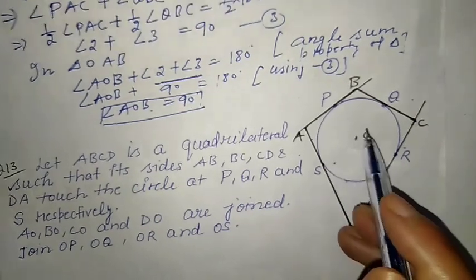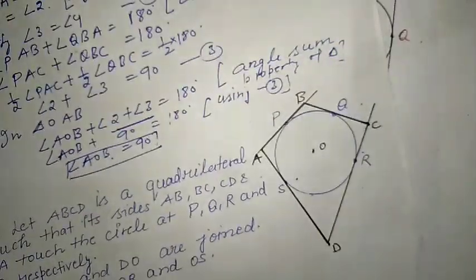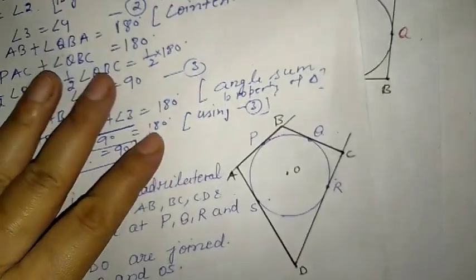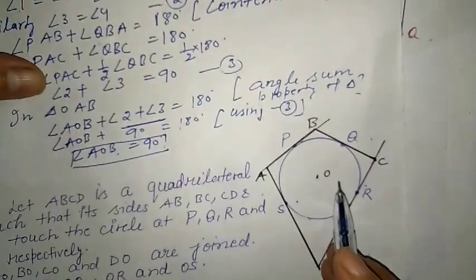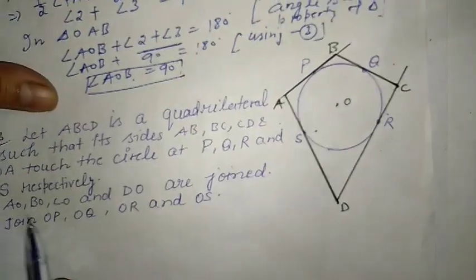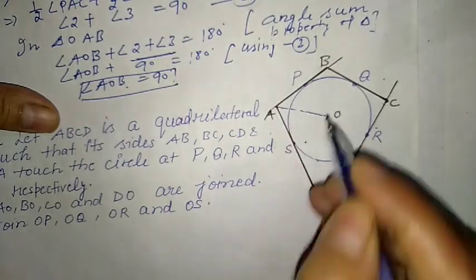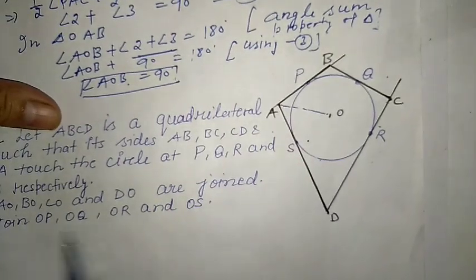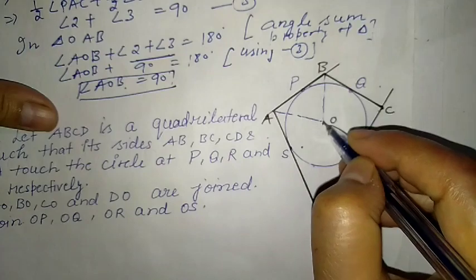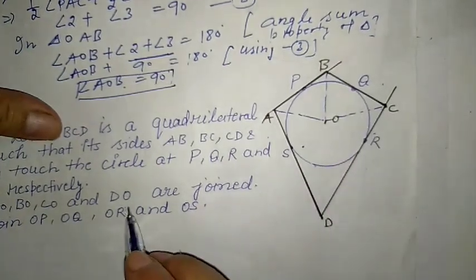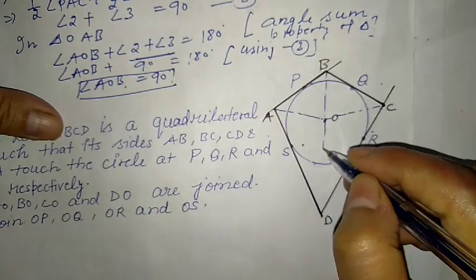Now we have some construction here. How can we do the construction here? We have to join these points: OA, this is OA, we can join here, then we can join OB also. This is OB and OC, and DO. This is DO.